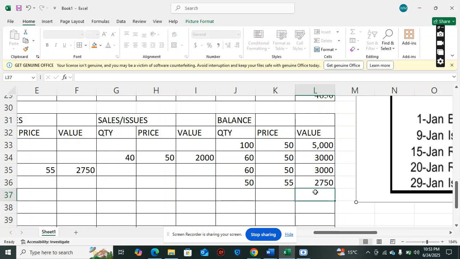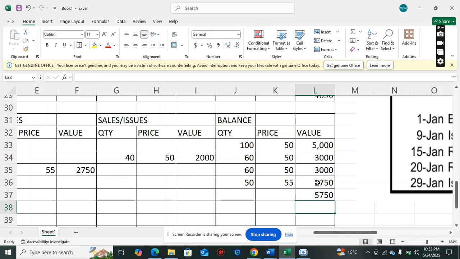Okay, so here the total value or the total cost of the inventory is this: 3000 plus 2750, 5750. The total amount of inventory that we have in the shop: 60 plus 50, 110. So what is the average cost?